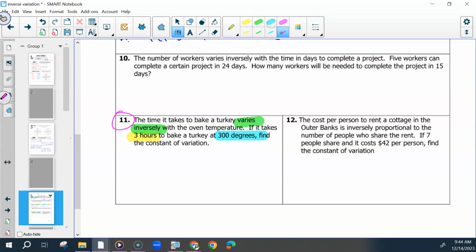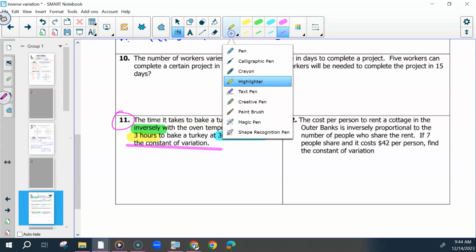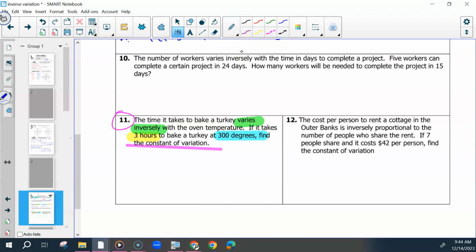What are we looking for? So how would we find that? 3 times 300. And that would give us? You're done. Nothing else.